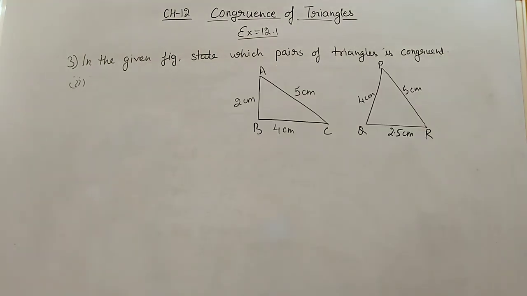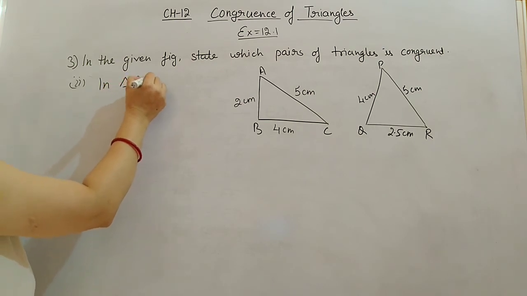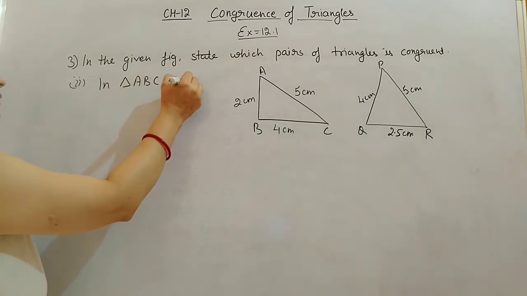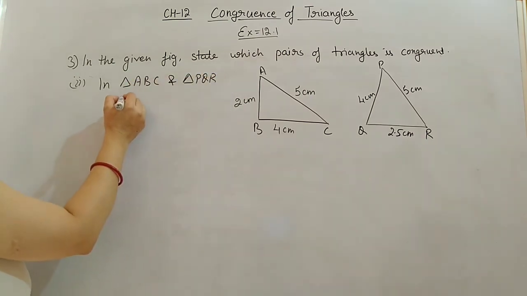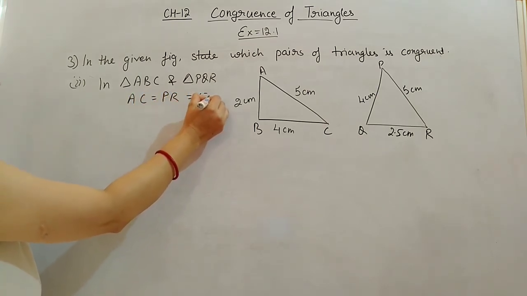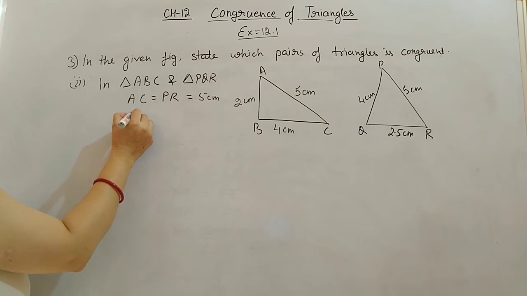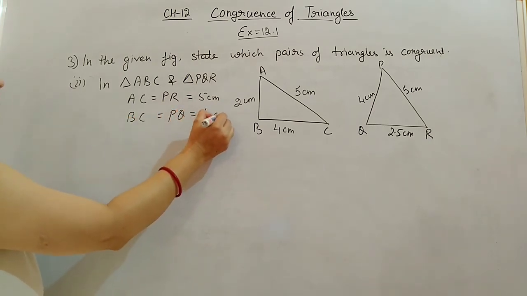Next, question number 3, second part. Two figures are given and we have to match these two figures. So in triangle ABC and triangle PQR, you can see AC is equal to PR, both are 5 centimeter, and BC is equal to PQ, both are 4 centimeter.